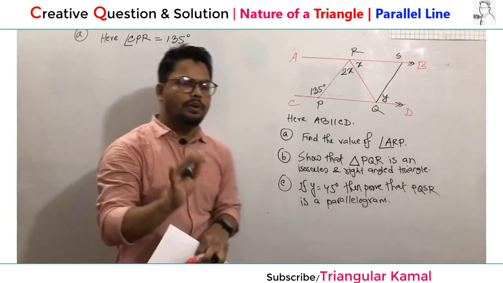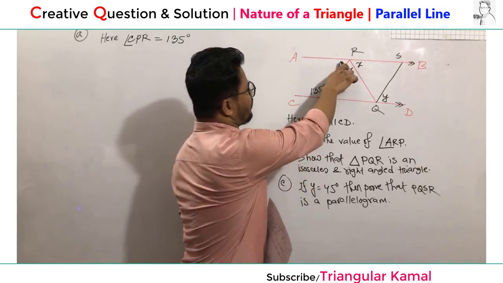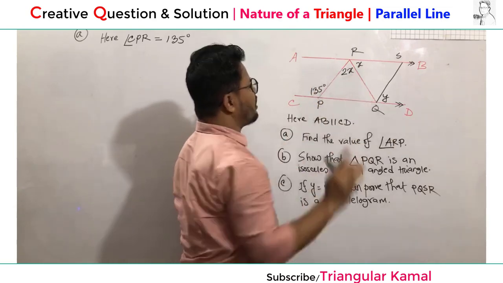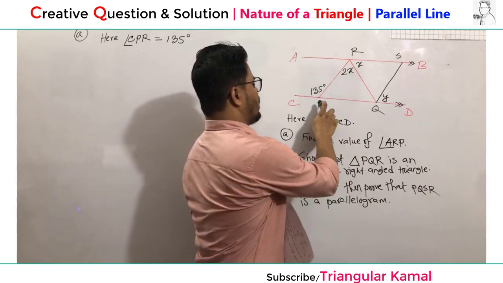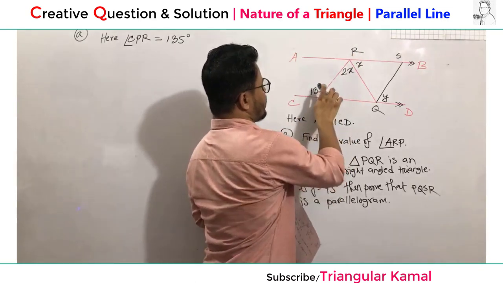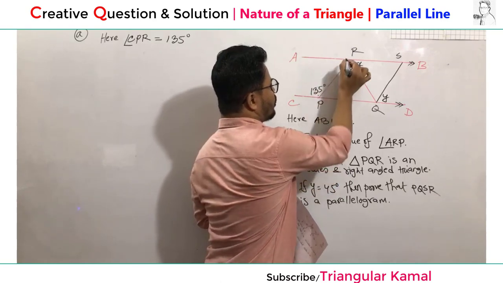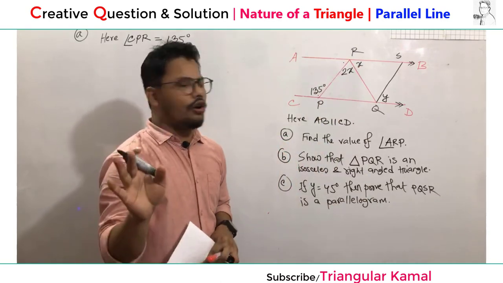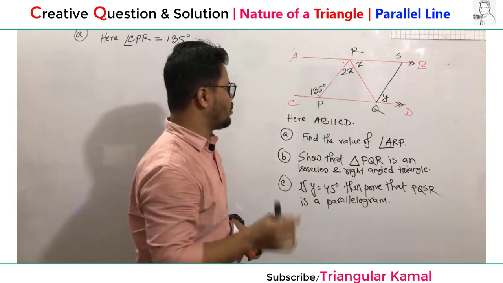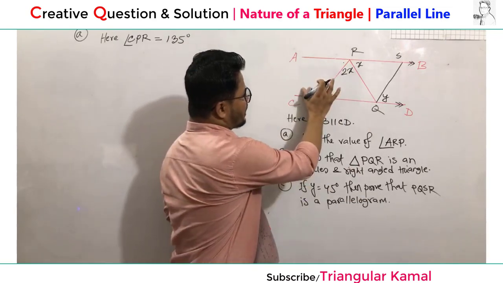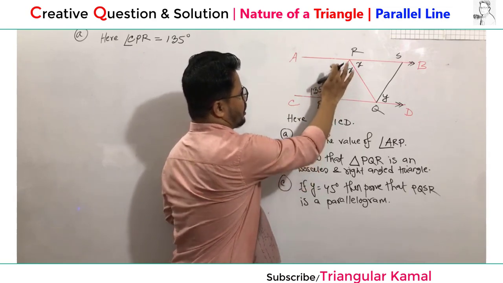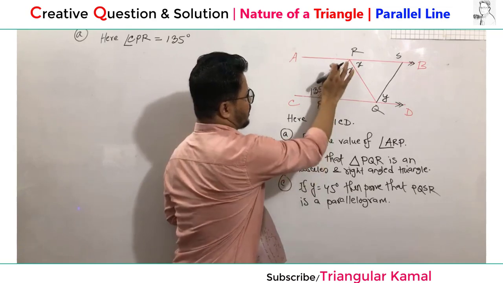In two different methods you can find the value of this angle. This one, if CD and AB both are parallel lines and PR is a transversal here, then these two angles will be interior angles. We all know the sum of two interior angles is 180 degree. This is one method. Another method, if this angle is 35 degree, this one will be 180 minus 35. So both are alternate angles.